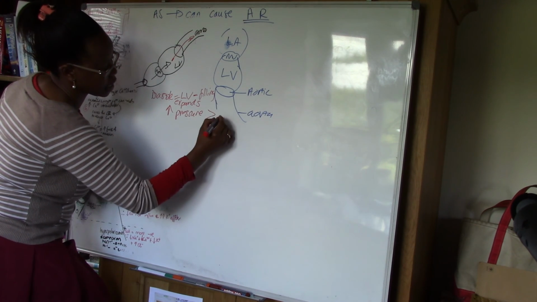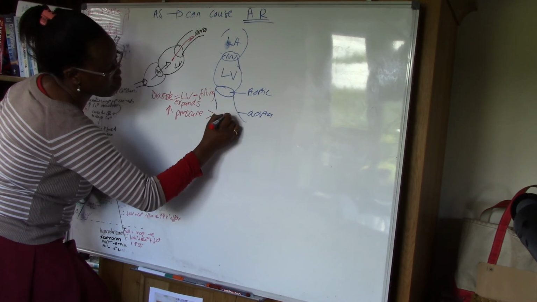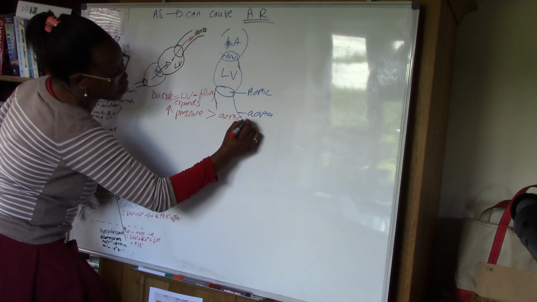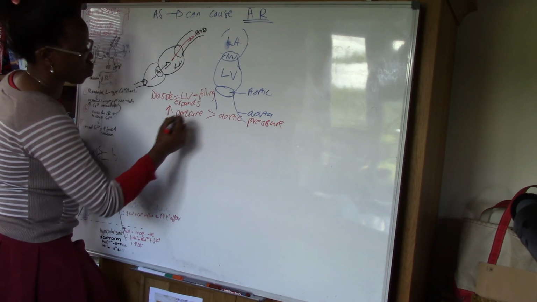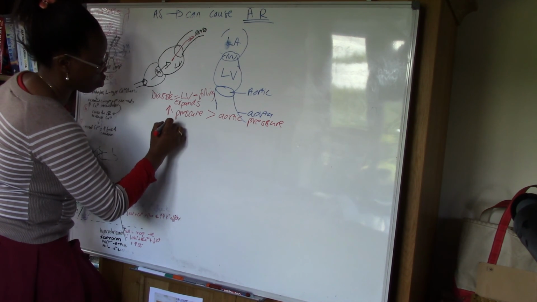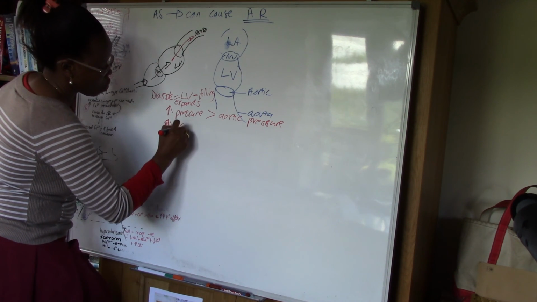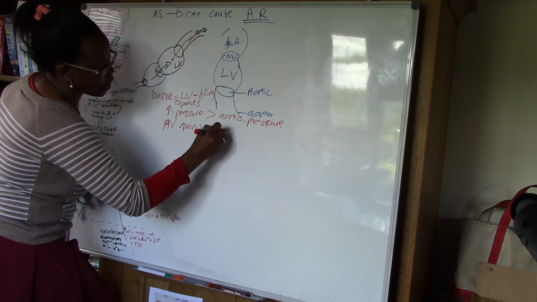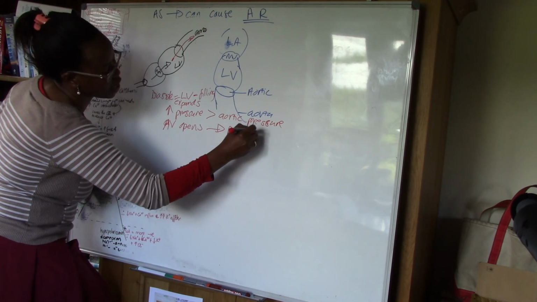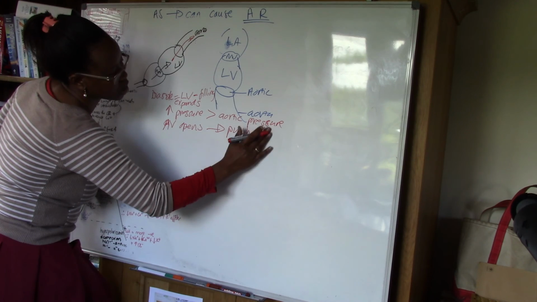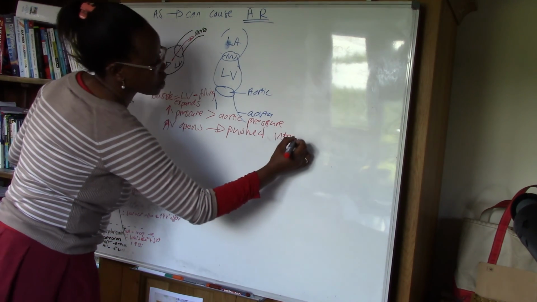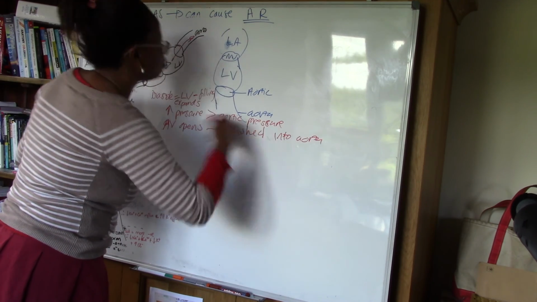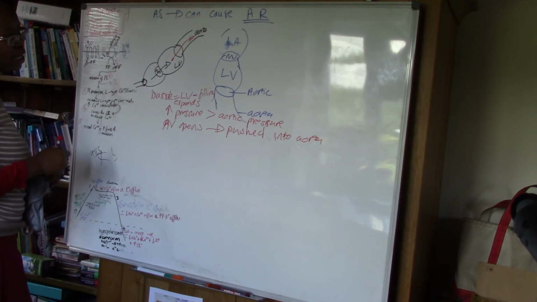Due to that, it causes the aortic valve to open, AV opens, and blood is ejected into the aorta.